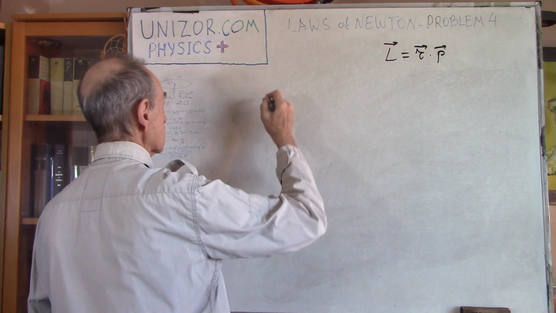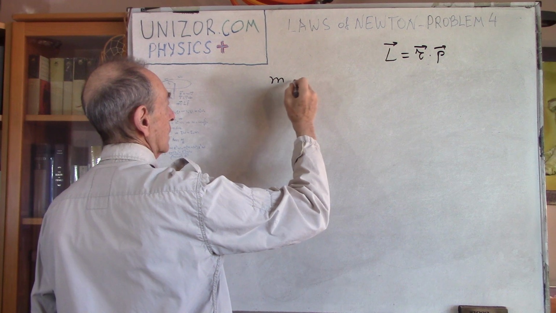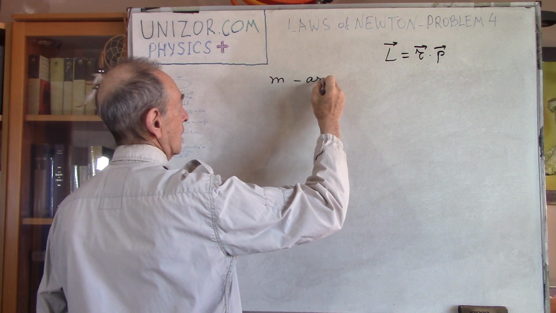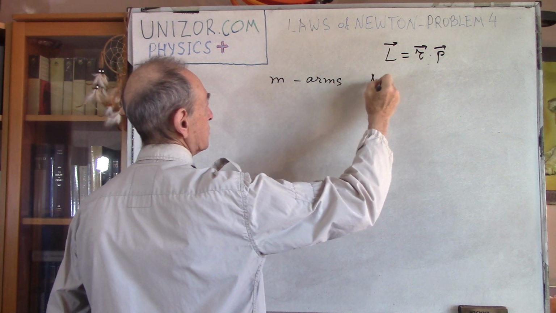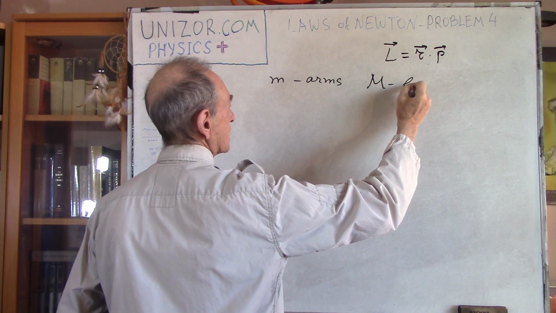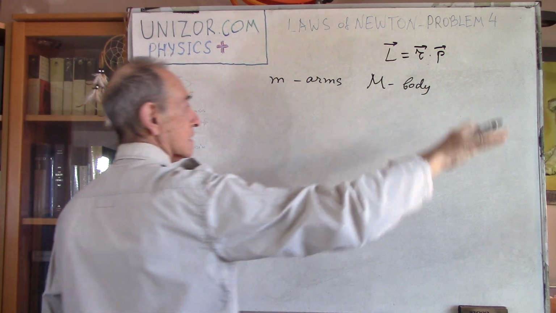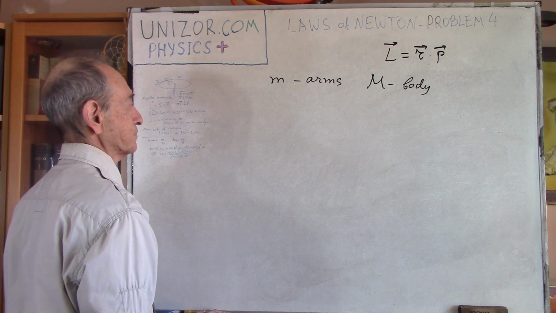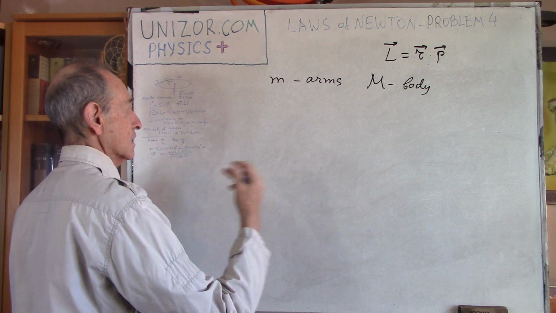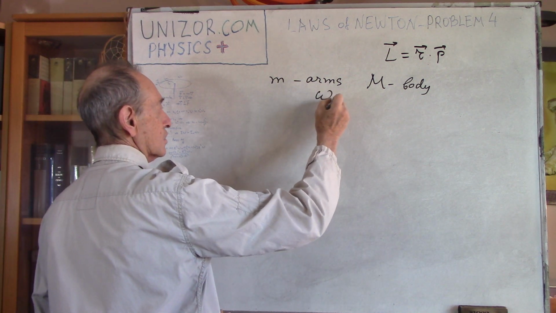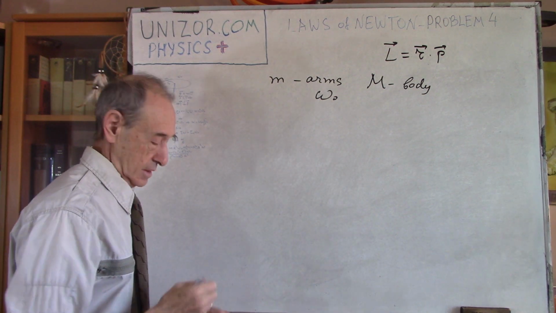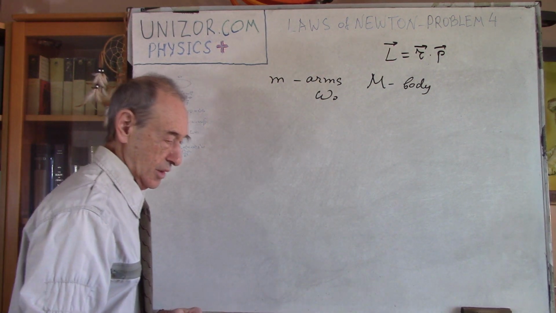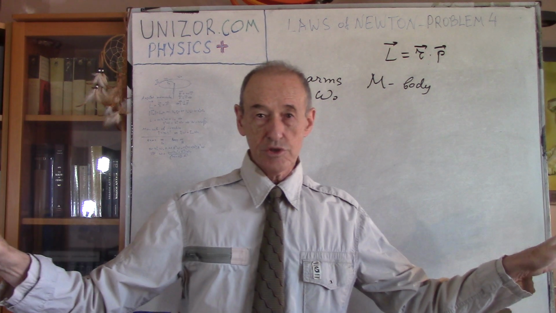So basically, let's just imagine that you have m as the mass of the arms, and capital M is the rest of the body, everything without arms. First, it rotates with initial angular speed omega 0, with arms stretched.